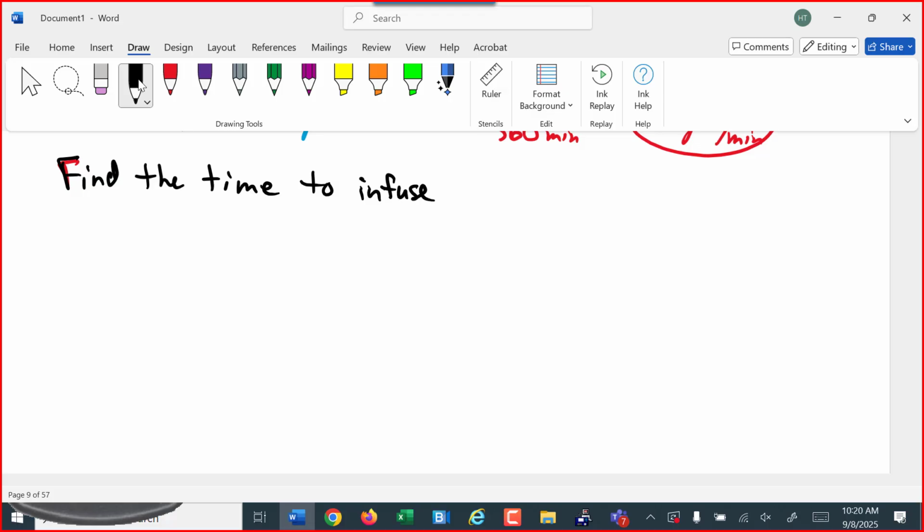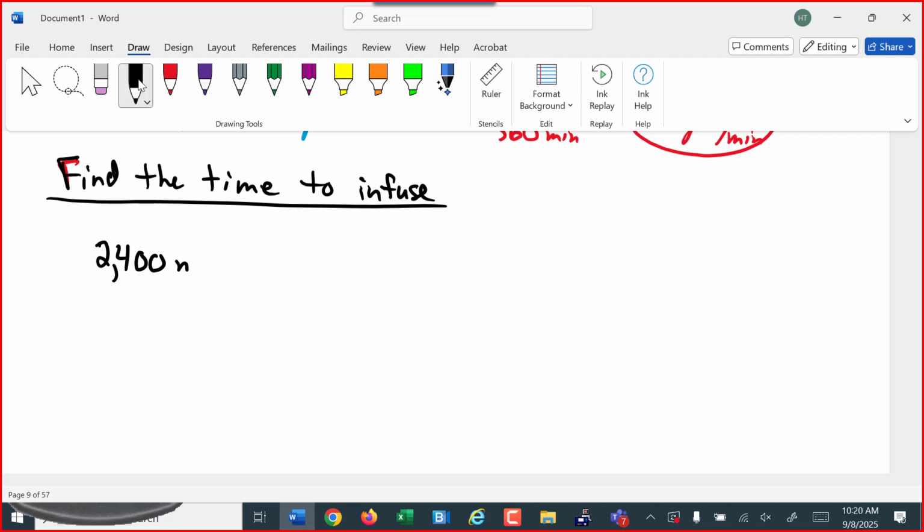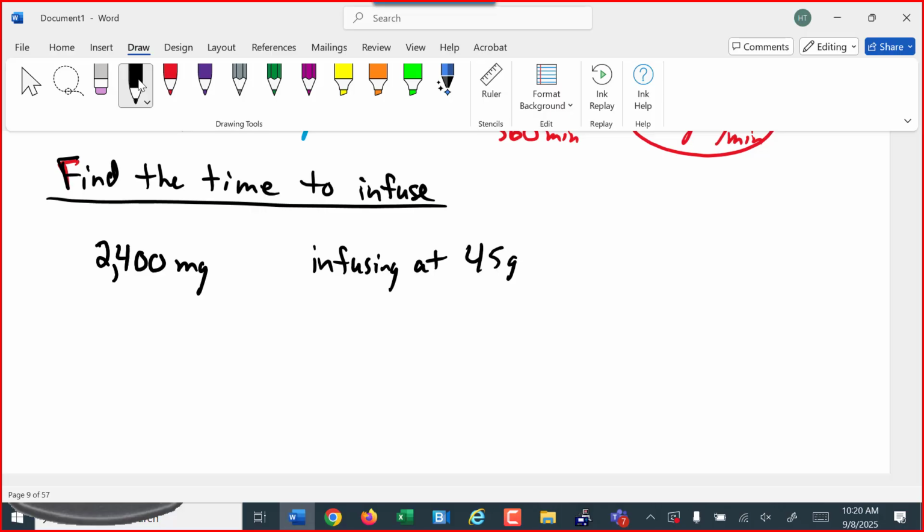This would be like if you start a shift and there's an IV running and you want to know how long it's going to be before that bag is empty, so you know to go in and switch it or to disconnect it. So let's say that we have a bag with an order for 2,400 milligrams. The infuser is currently infusing at 45 drops per minute.